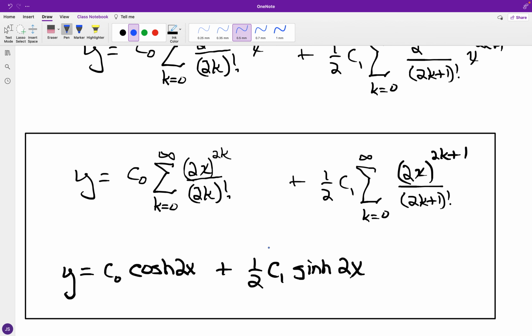And so for the specific functions, we have y is equal to c naught times a hyperbolic cosine of 2x, plus 1/2 of c sub 1 times a hyperbolic sine of 2x. And again, you can consolidate 1/2 of c sub 1 and throw in a coefficient such as alpha.